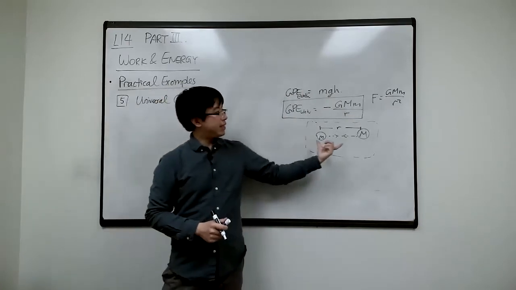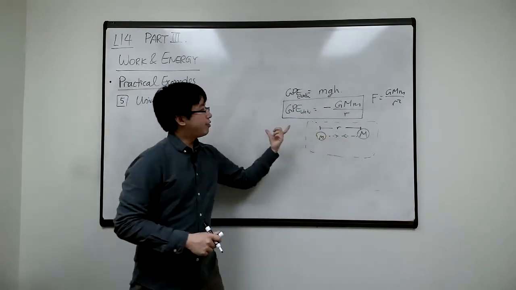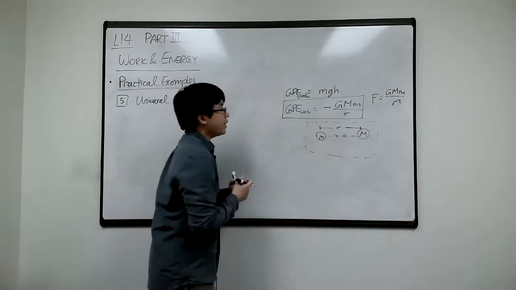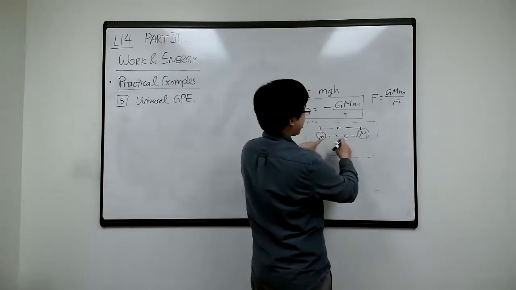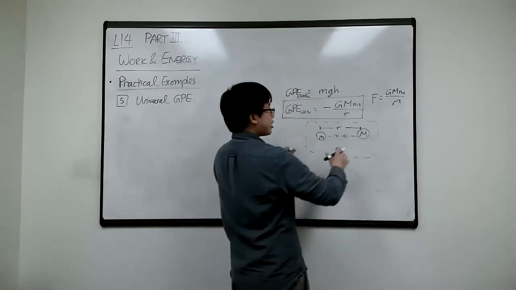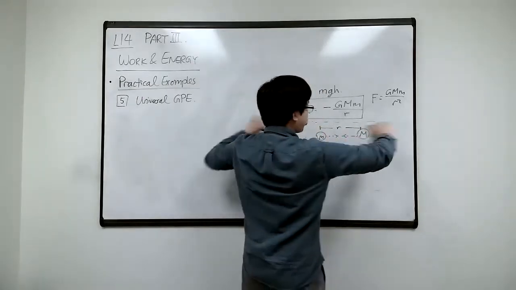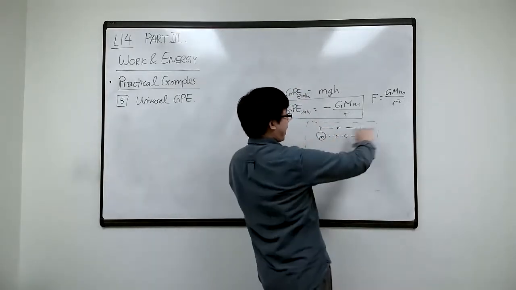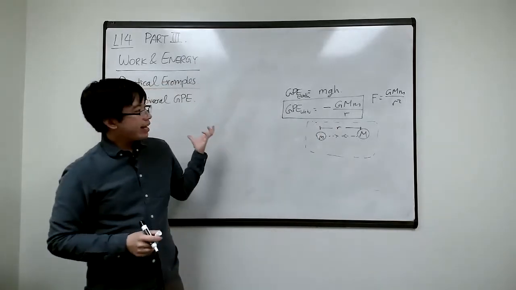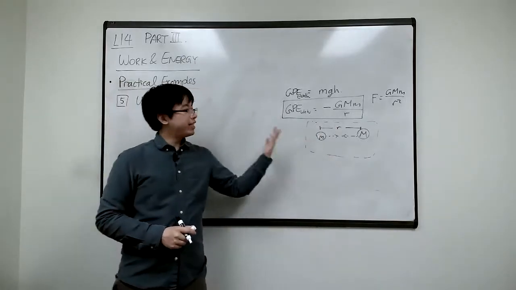The reason is because of this. So I want to see how much gravitational energy is stored over here, right? So if I stretch this out to infinity, let's say if I make r go to infinity, what will be the gravitational attraction between the two masses?